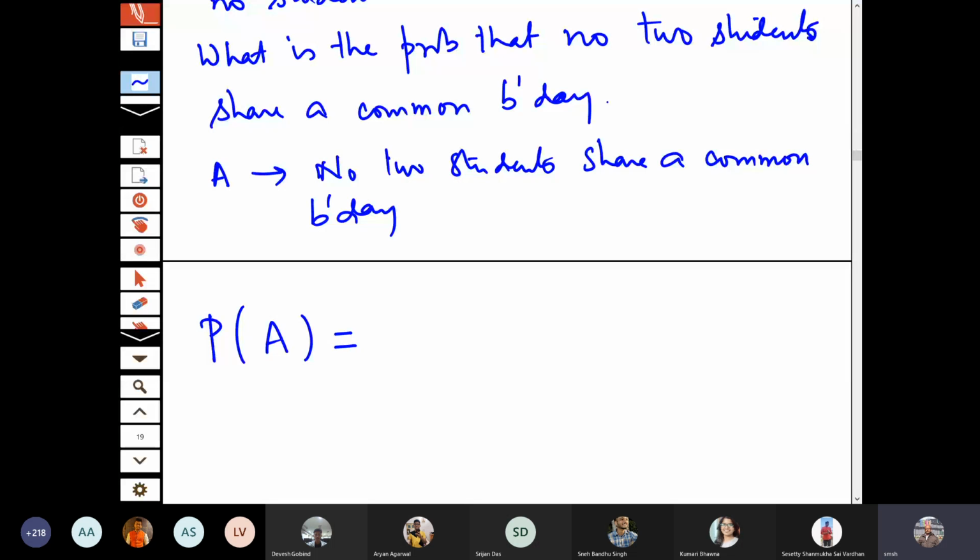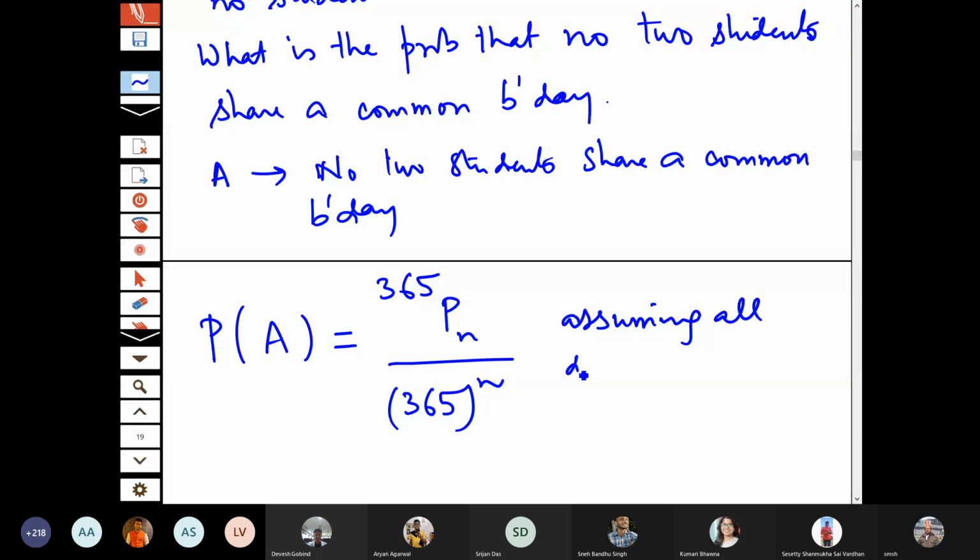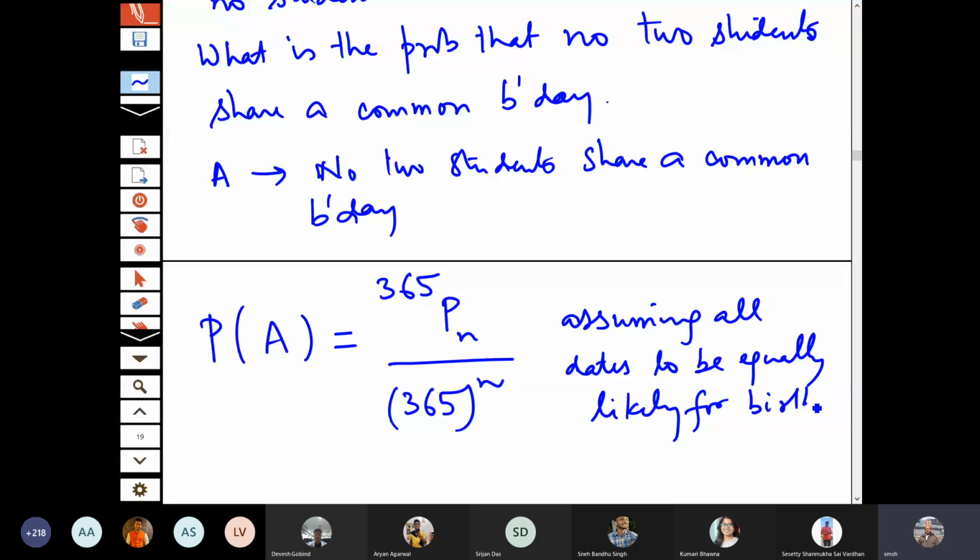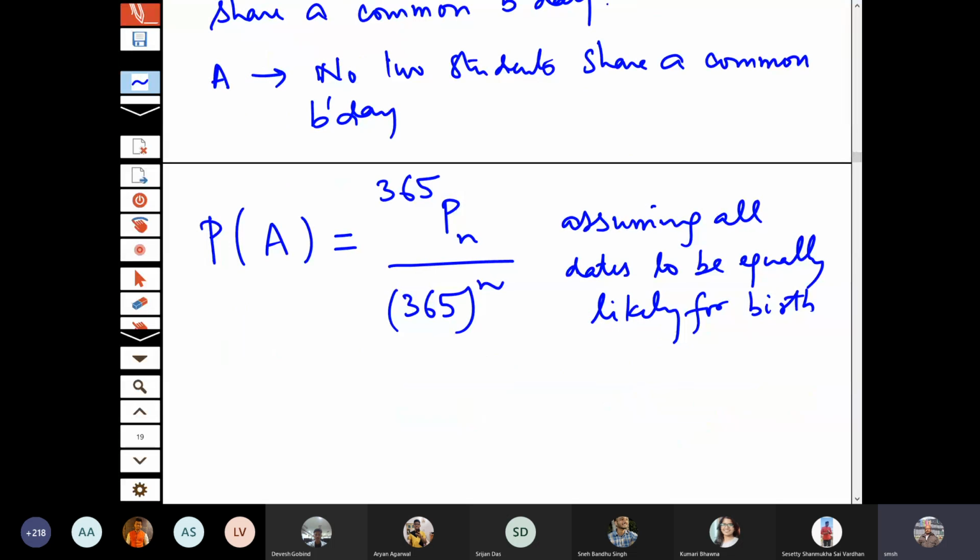That is 365Pn divided by 365 to the power n, assuming all dates to be equally likely. Here we are using the classical definition, assuming that birth for any person is possible on any day. It is not based on the empirical definition; it is based on the classical definition.